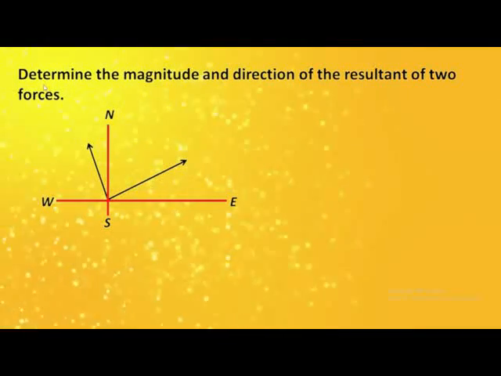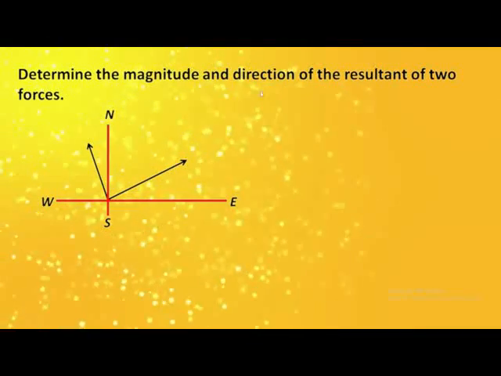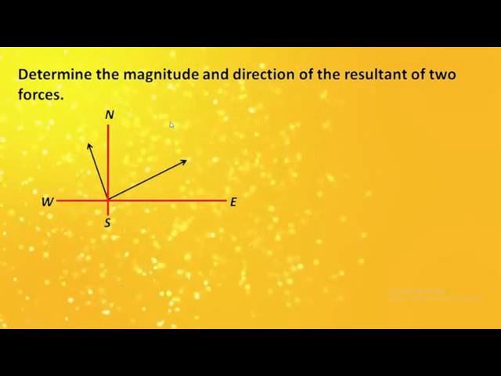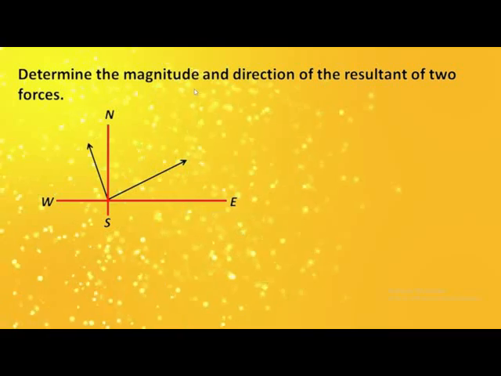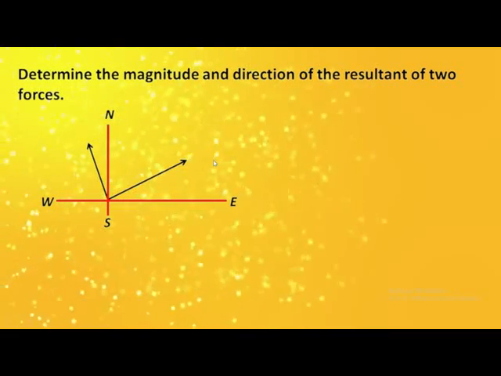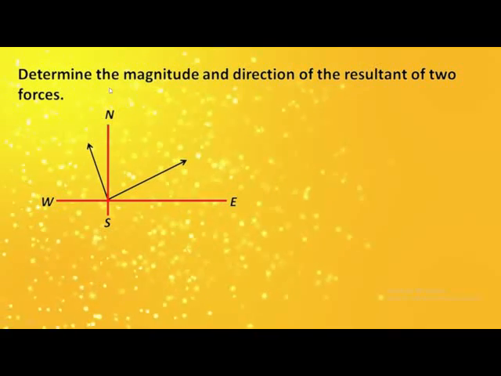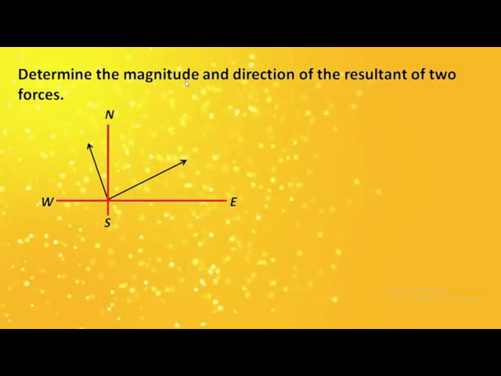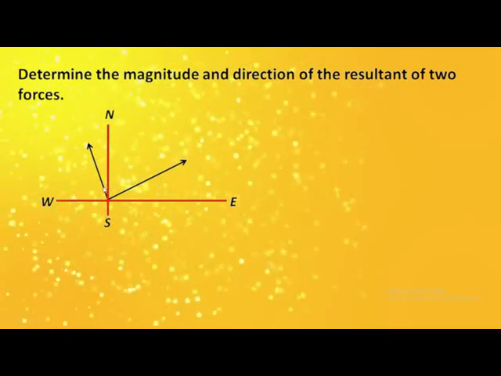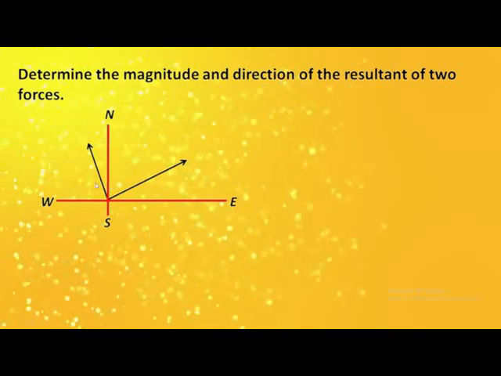Next, determine the magnitude and direction of the resultant of the two forces. First, let's deal with the magnitude. Like I explained last week, the magnitude is dealt with using the nose and tail method. As you can see, this force's tail meets the other tail.